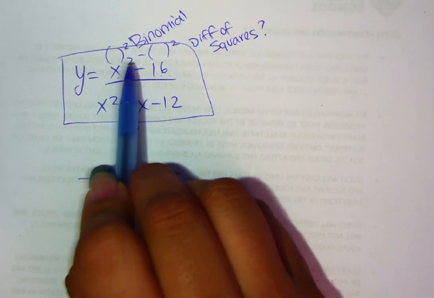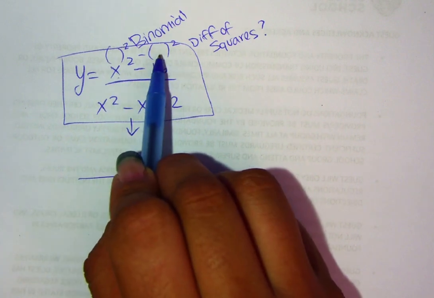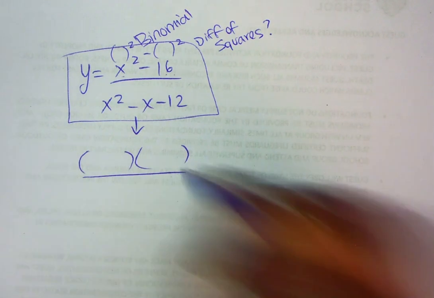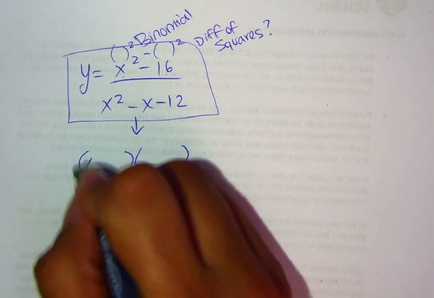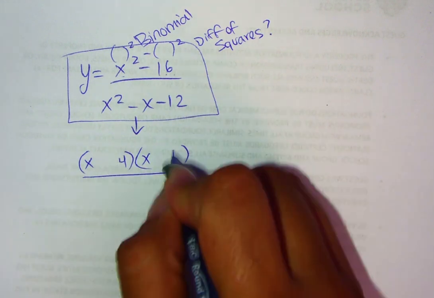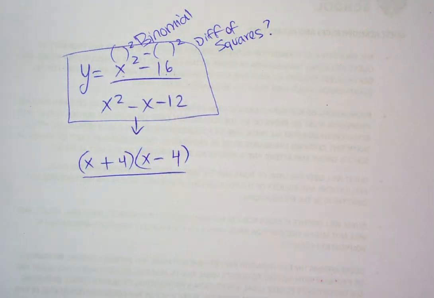X squared is x times x, and then 16 is 4 times 4. So yes, this applies. That means we can write two binomials that would look like this. X times x for x squared, 4 times 4 for 16. One with the plus, one with the minus.